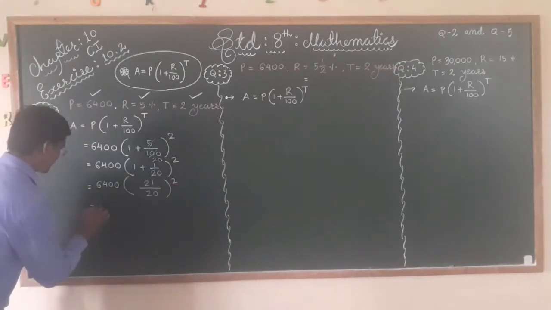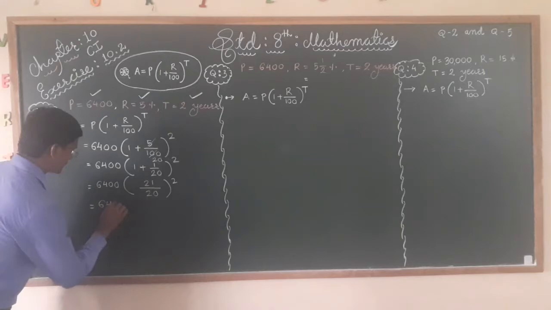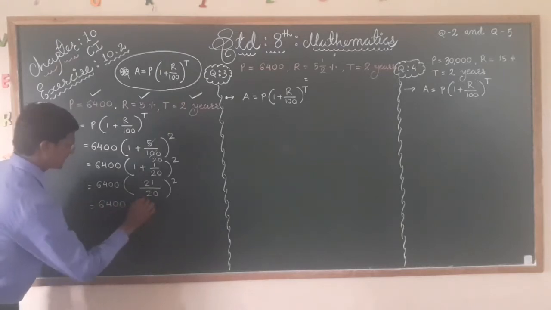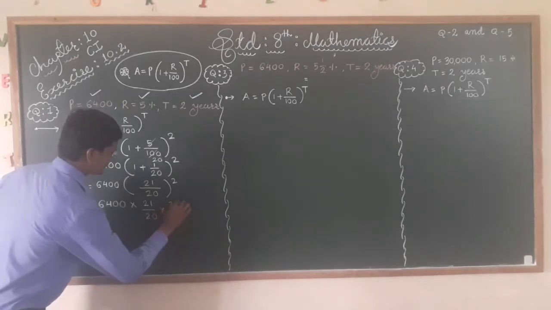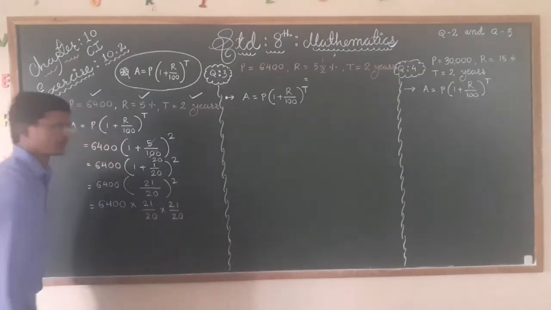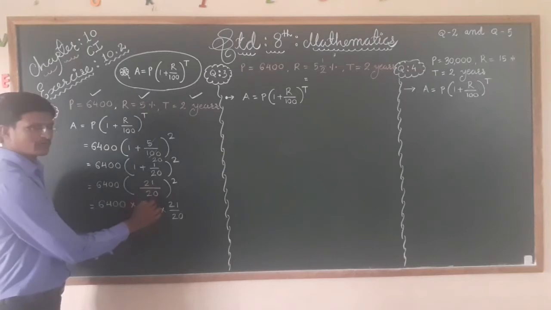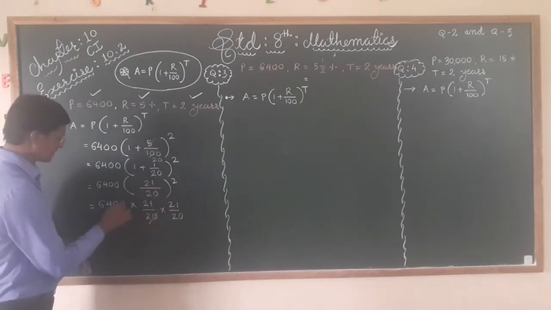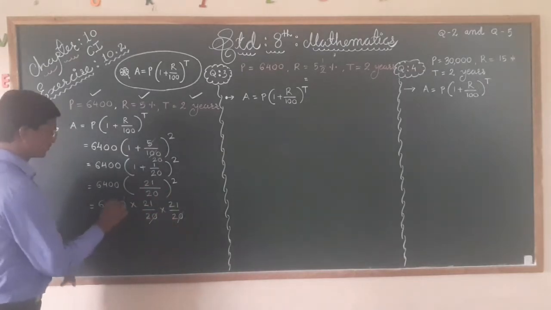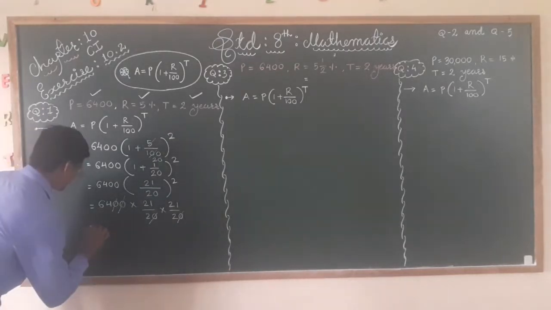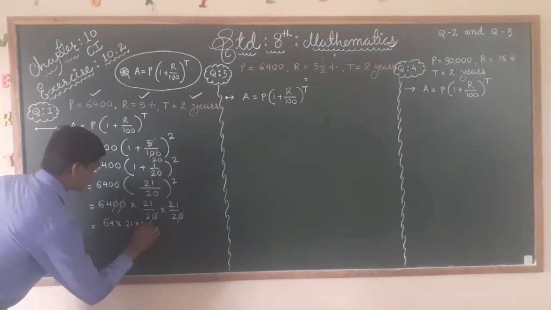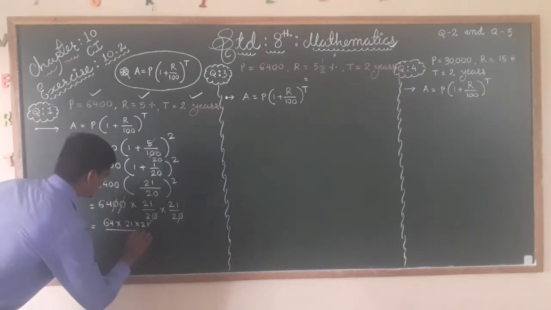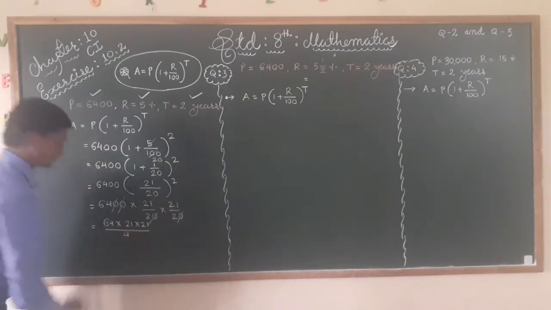Now next step is 6,400 multiplied by 21 upon 20 multiplied by 21 upon 20. So we can write it like this. 0 out, 0 out. So here what we can do, 64 multiplied by 21 and 21, divided by 2 to the 4, so 4.